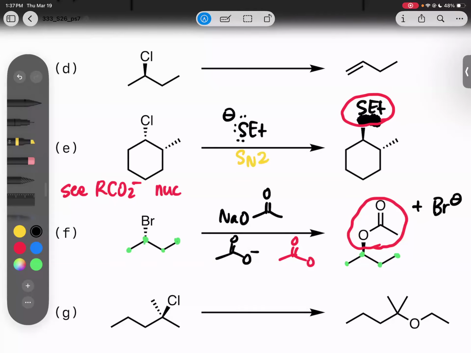SET minus, or we could have EtSNa, I guess.